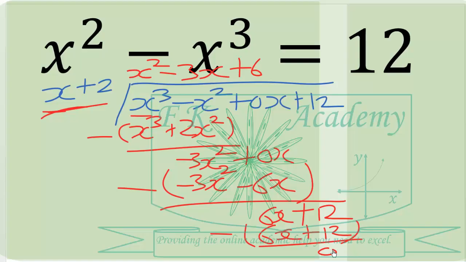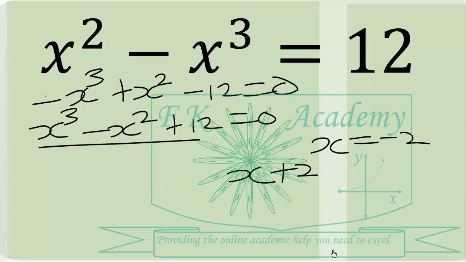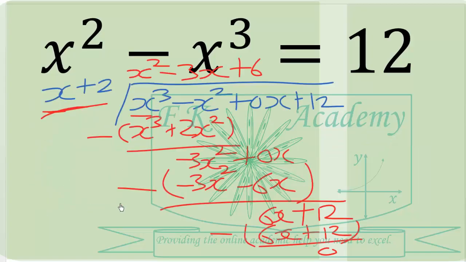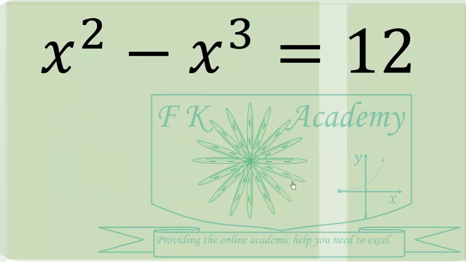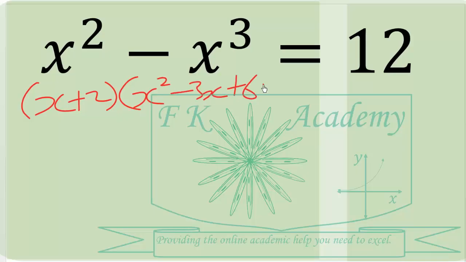So it means that the polynomial can be factored as x plus 2 into x squared minus 3x plus 6 equals 0. By the zero product principle, either x plus 2 equals 0, which gave us the root we had, or x squared minus 3x plus 6 equals 0.